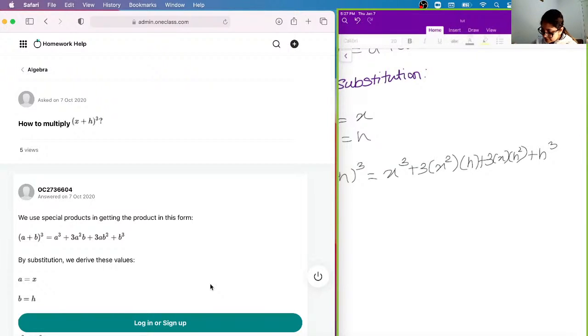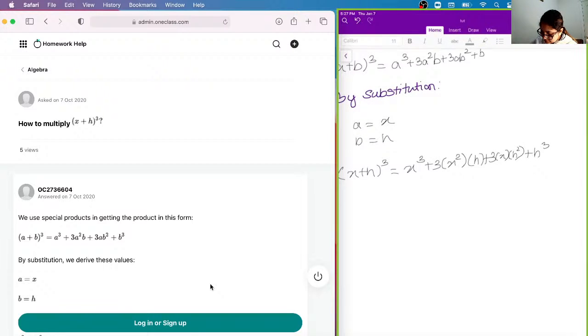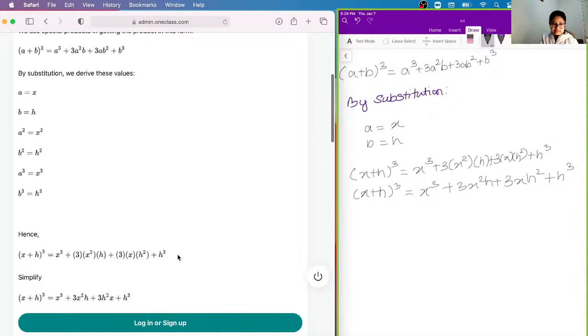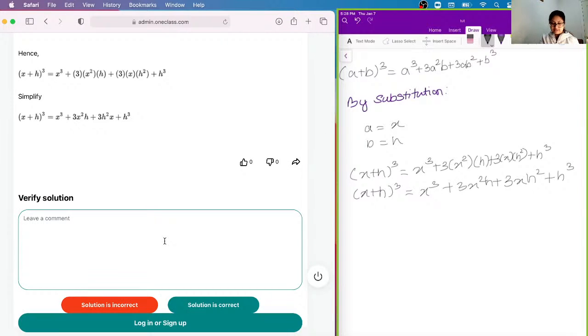And so to simplify, what we would get is x cubed plus 3x squared h plus 3x h squared plus h cubed. Okay, so this is your formula to evaluate x plus h cubed. And so this is correct.